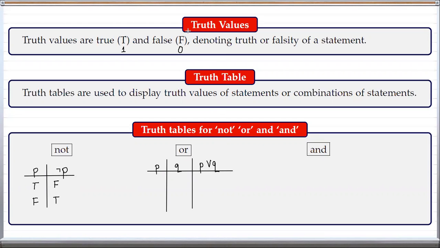We want to look at truth values of P or Q for all the combinations of truth values of P and Q. So one possible combination is both are true. Another one is P is true, Q is false. Another possibility is P is false, Q is true. Another possibility is that both are false.